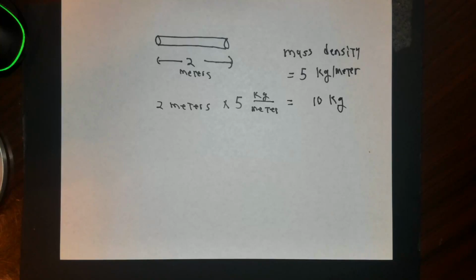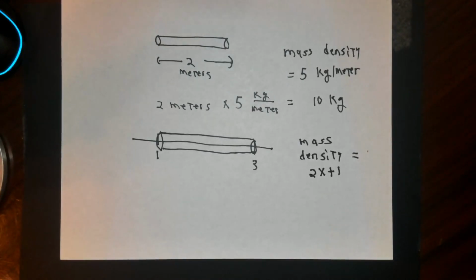On the other hand, if the mass density varied from point to point, life would no longer be so easy. So now, imagine that you had a metal wire that lies along the x-axis, starting at x equals 1, ending at x equals 3. The mass density will be the non-constant value 2x plus 1, so that down at the left end, the mass density is much less than it is at the right end.